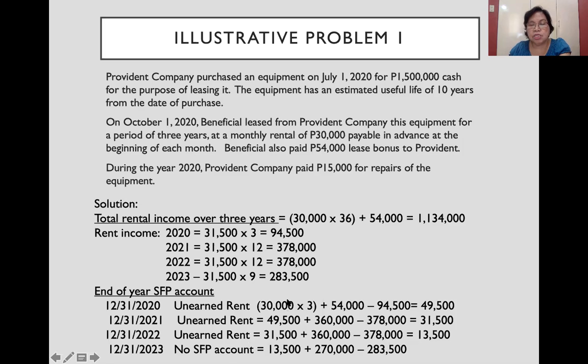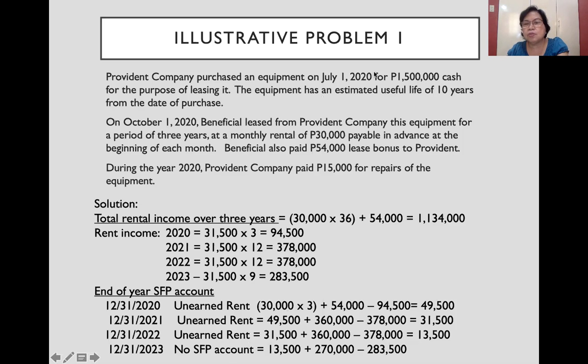In addition to this unearned rent presented in the statement of financial position, of course, because the lessor still maintains the asset for 1,500,000, this asset will have to be reduced by the recorded accumulated depreciation.